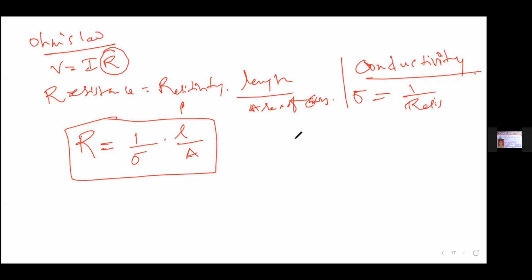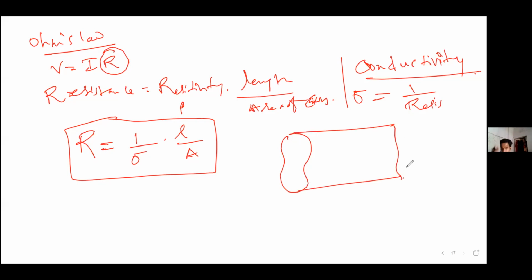Now suppose I consider an arbitrary surface, like an arbitrary cylinder. In electric field also we saw, because the charges are not uniformly distributed, we don't deal with discrete charges, we define charge density.